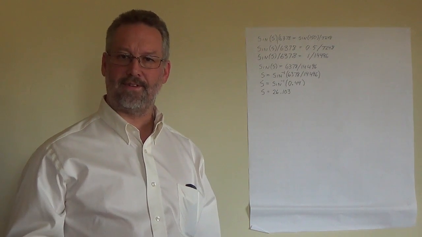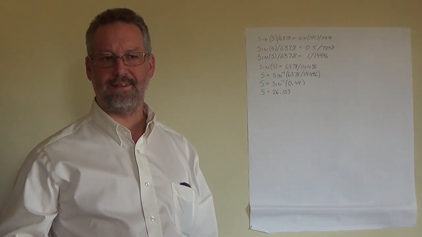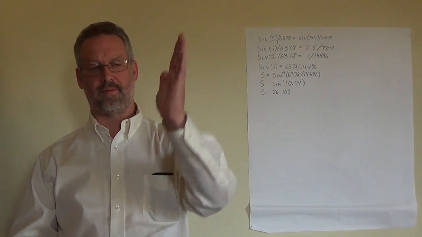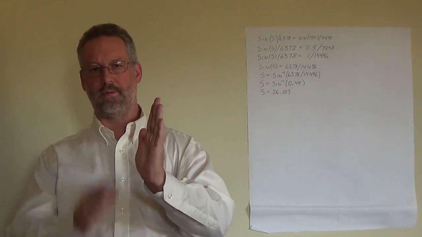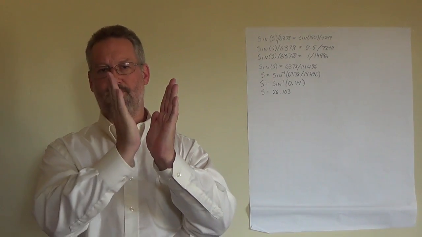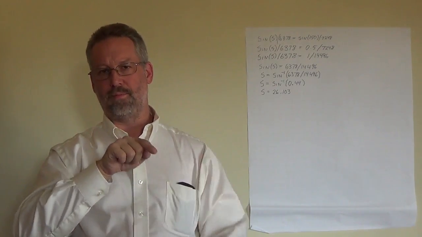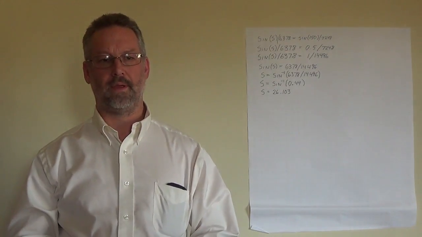That's our next angle, 3.897 degrees. That's the angle between the center of the Earth, where we are at the ground station, to where the satellite is above the Earth. It is the angle right at the center of the Earth.